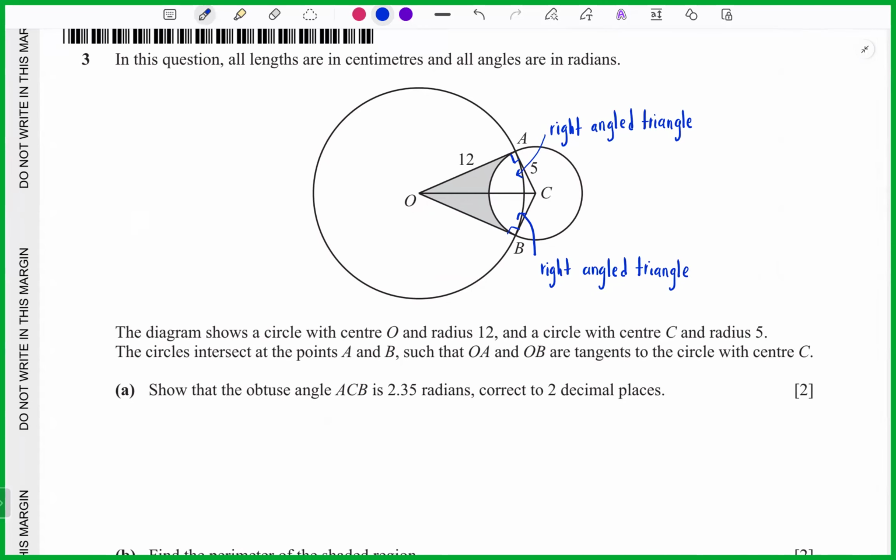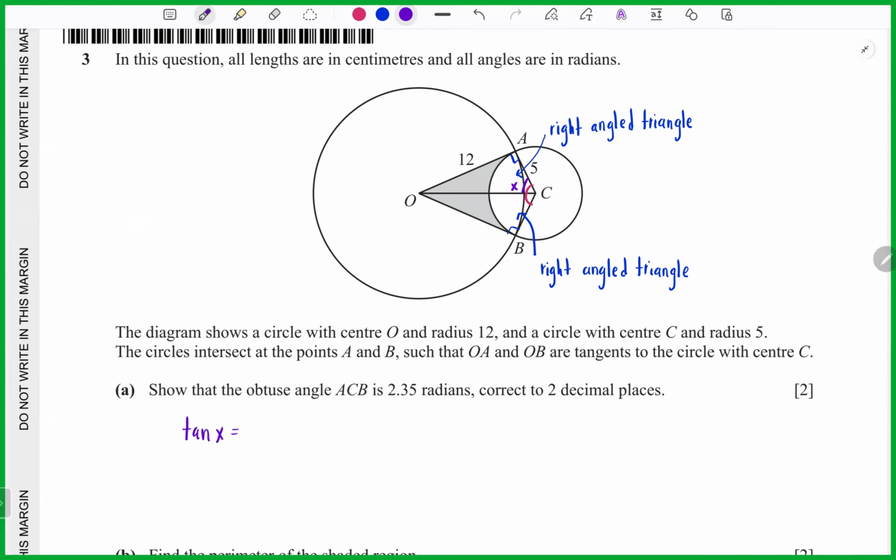So now we need to find the angle here. I'll let it be x first. We find the angle x and then multiply by 2. 5 is the adjacent and 12 is the opposite, so you can use tangent.